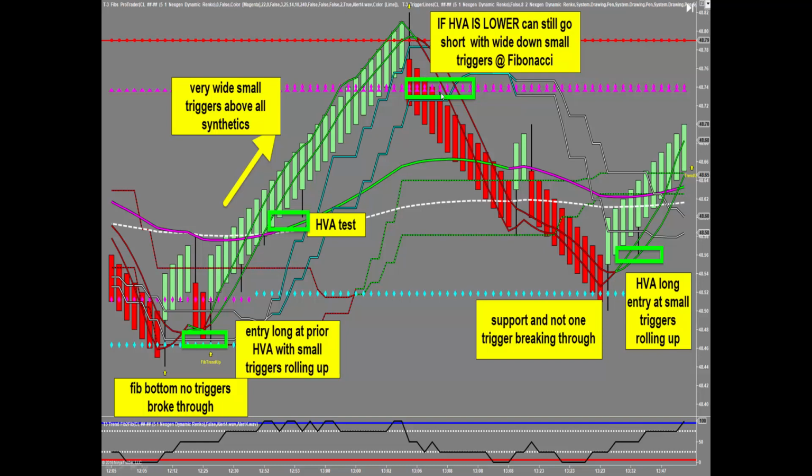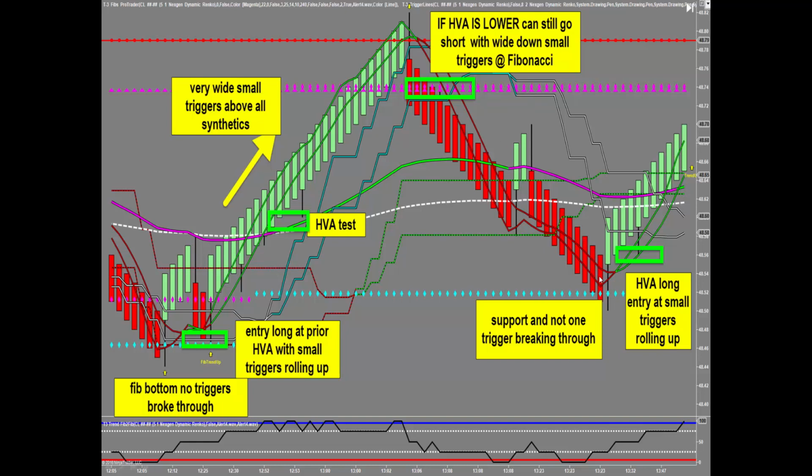So even if the high volume area comes down to 48.74, let's just say, the high volume area and this bar down was right here, you can still get in right there at the fibs with your small triggers down. So sometimes you don't always get the top or bottom. And this is where that high volume area is going to really help you define where to get into these trades.